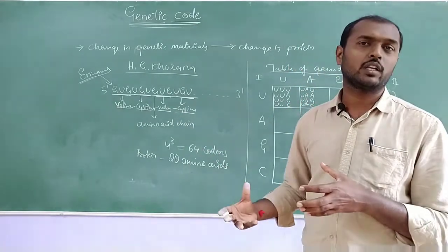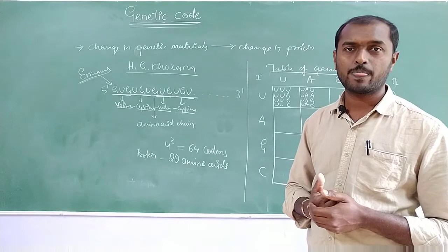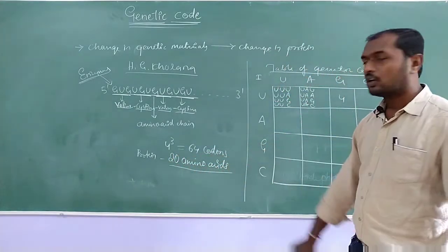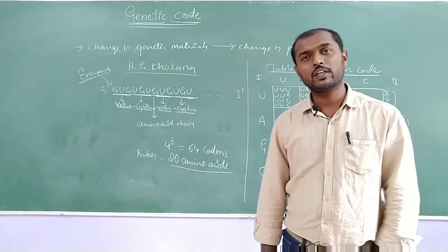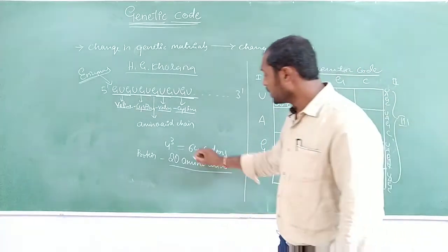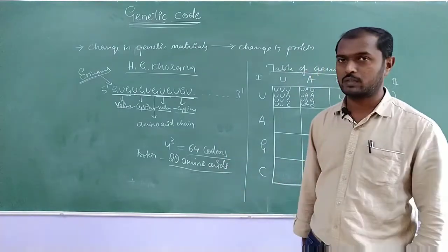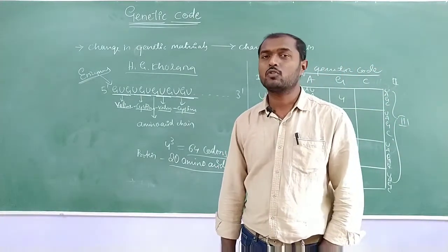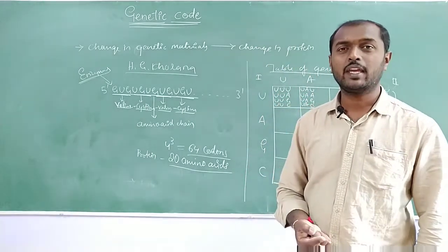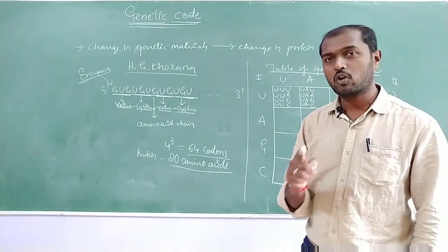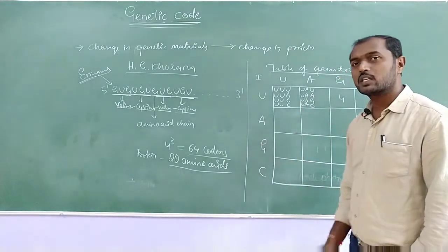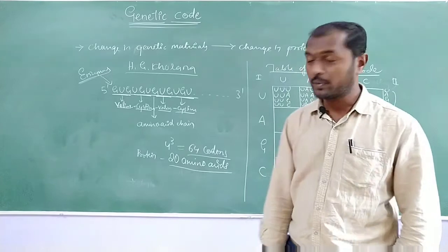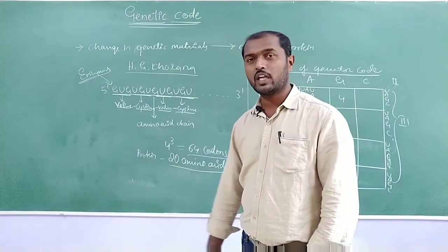So what actually protein are we going to get from the cell? That protein is having the repeated sequence of 20 amino acids, but we have 64 codons. So we have 64 genetic codes, so how does it adjust 20 amino acids? According to this, if there are 64, it should have coded 64 amino acids, but it is going to code for only 20 amino acids.